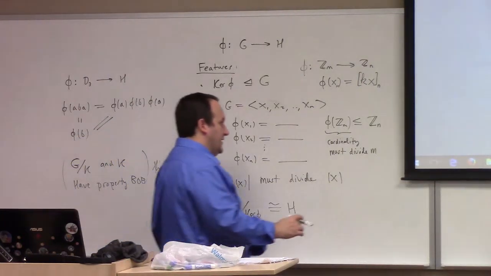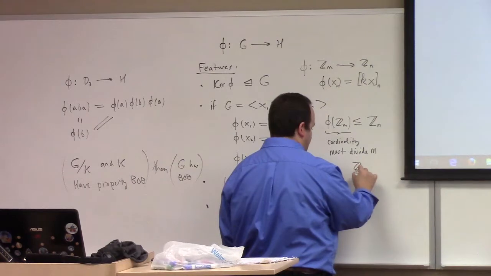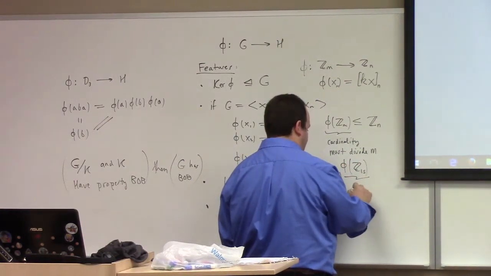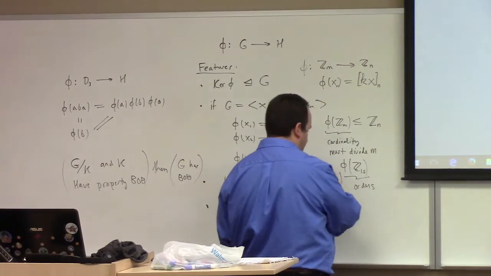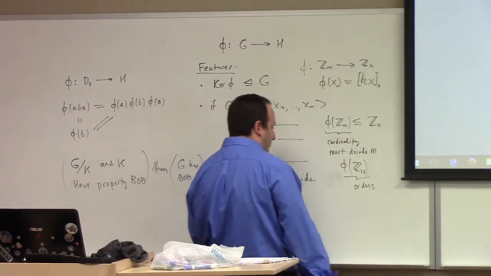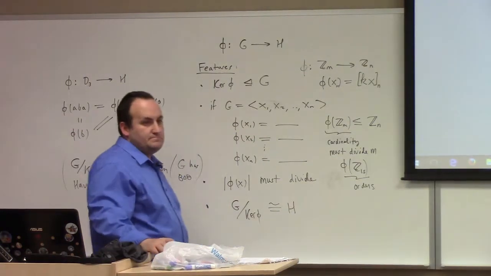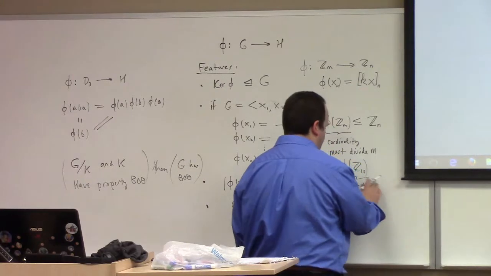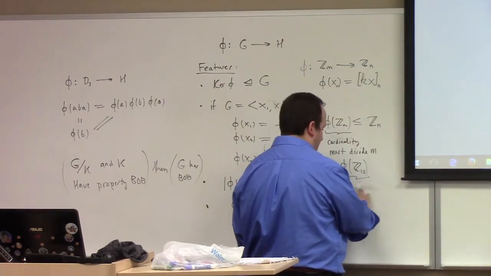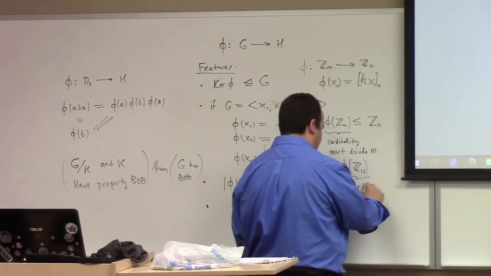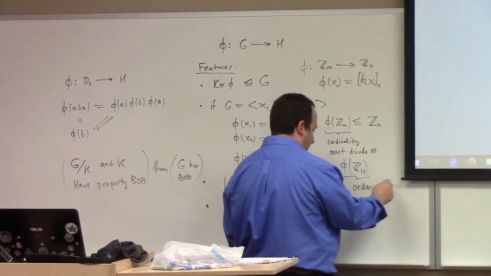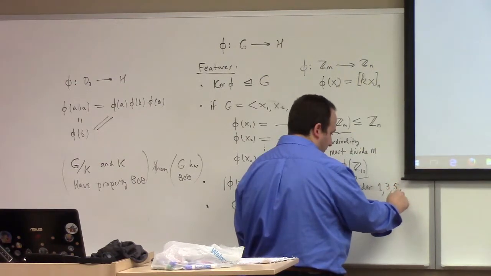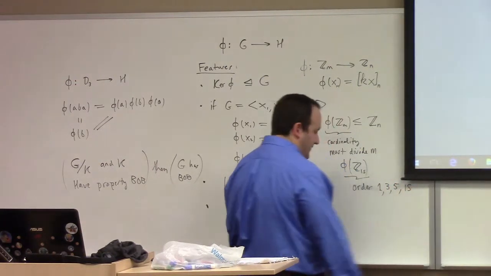If you've got something like Z15, what are the possible orders for a homomorphic image of Z15? We use order for both things; I mean group order. It could have order 1, 3, 5, or 15.